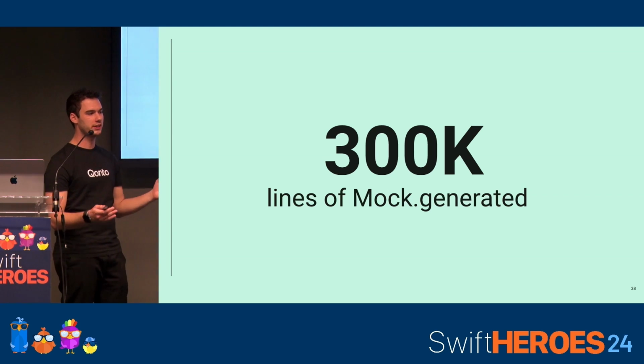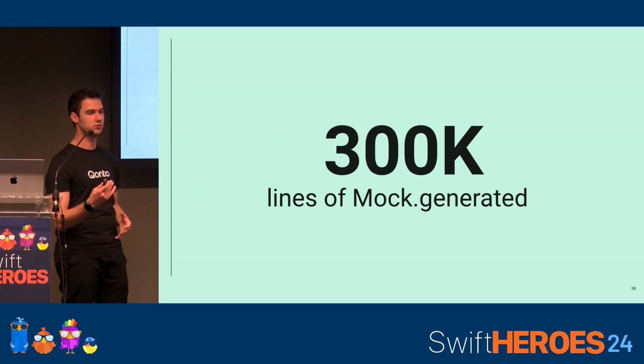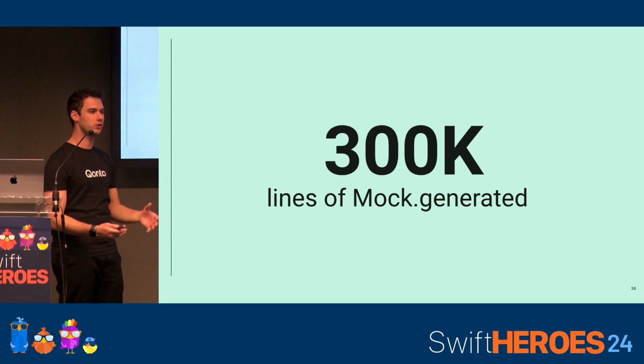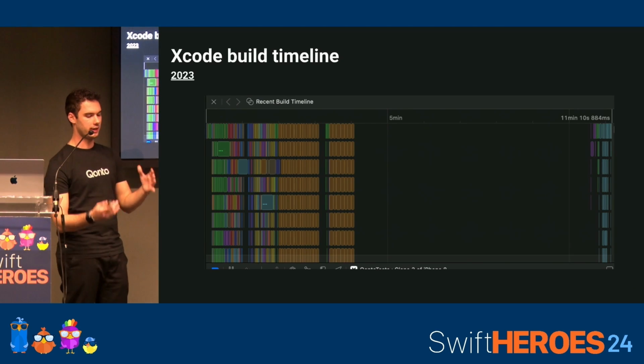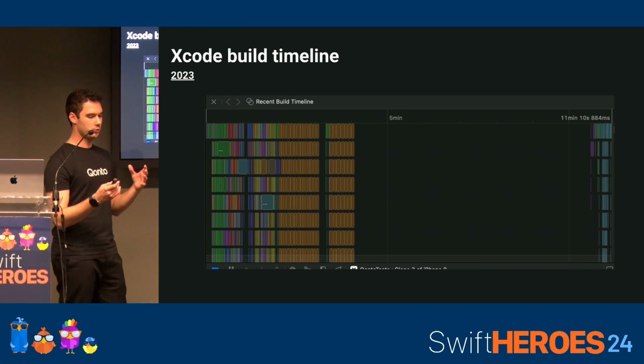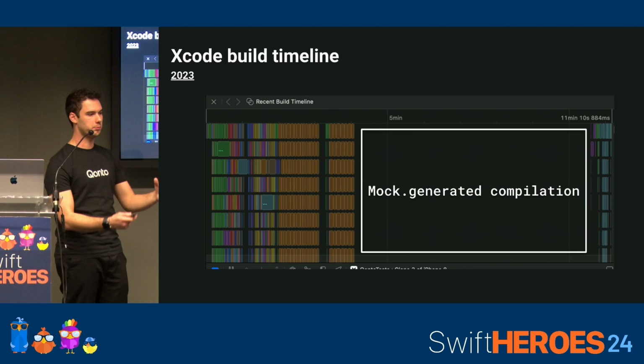This was a huge headache for our team. It was impossible to open because Xcode would freeze, and our team was really struggling. So we had to find a way out. We started by taking a look at the Xcode build timeline, and we saw immediately that there was a huge gap. That was the Mock.generated file compilation.